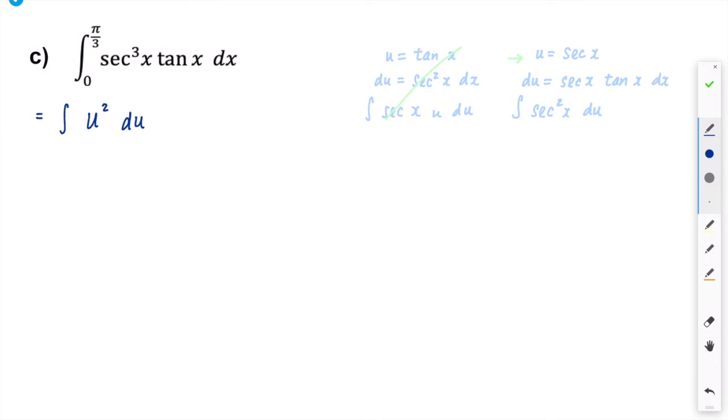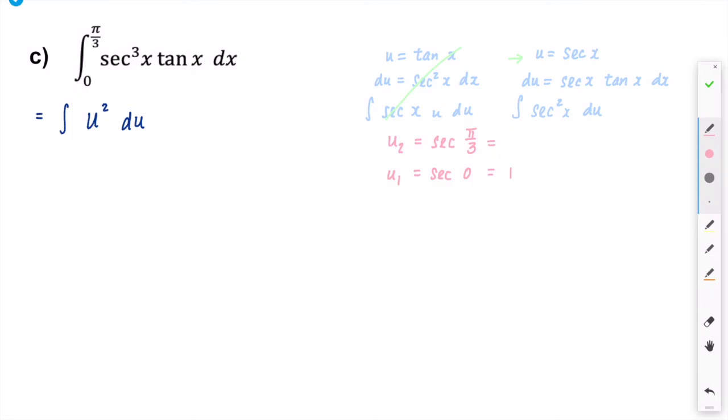Another thing that I should not forget to do is to evaluate my boundaries. So u2, the top number, when x is equal to pi over 3, I need secant pi over 3 instead. u1, I need secant of 0 instead. Okay, so cosine of 0 is 1. Flip it, 1 over 1 is 1.